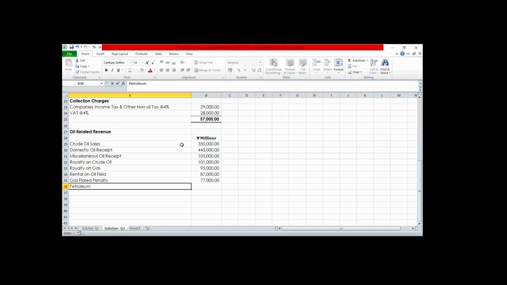So this petroleum profit tax, is it not FIRS that collects it? Anything that is related to oil, for the computation of the revenue, we account for it for FRS. That is why they said they are only entitled to 4% of non-oil related revenue.